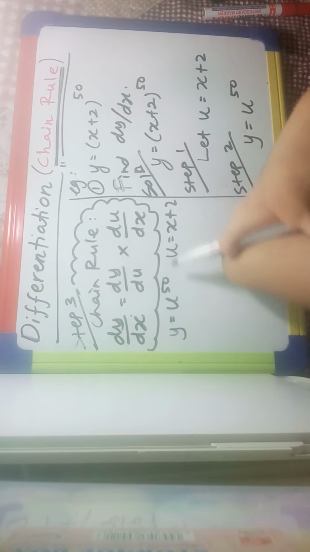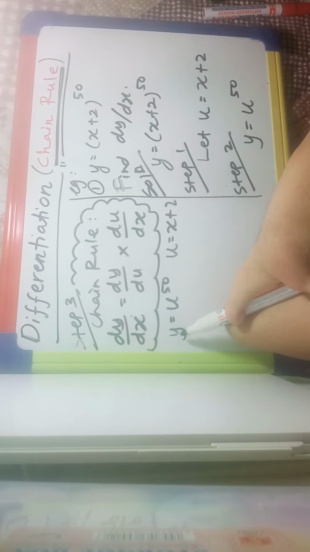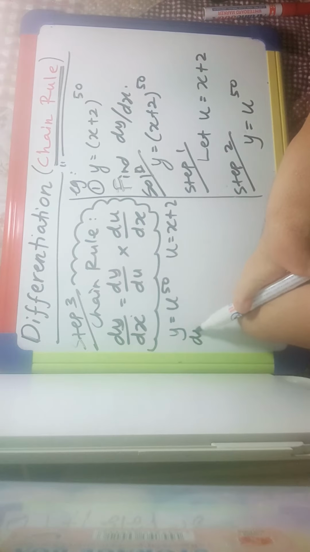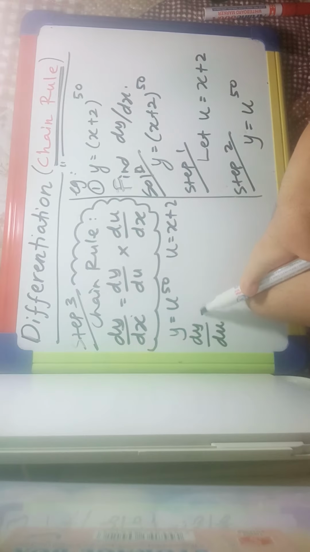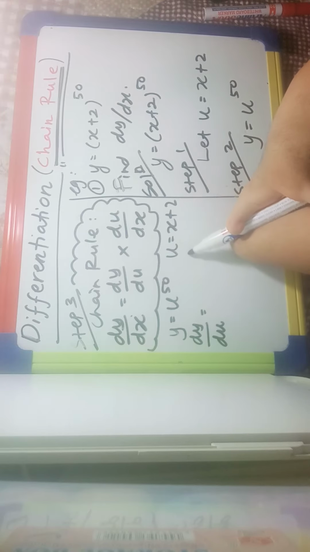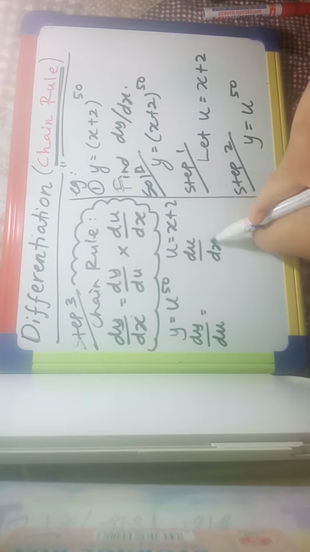Each of them we differentiate one by one. First one, y equals u to the power of 50. When I differentiate this, I will get dy over du. When I differentiate u equals x plus 2, I will get du over dx.